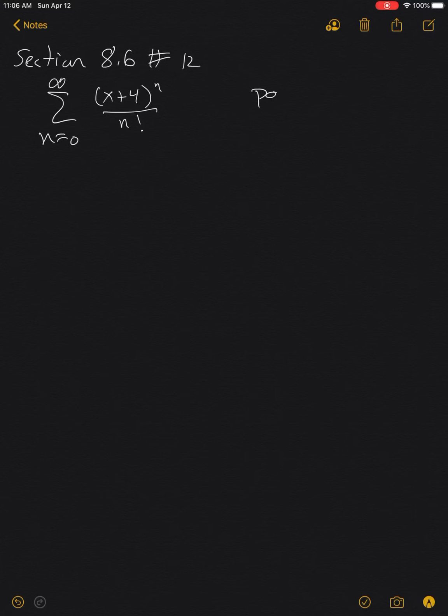So this is a power series centered at c equal -4. So we don't see powers of x in our expression, but instead we see powers of x minus -4, or x plus 4. And so our series looks like, when n equals 0, 1 is our constant term, and when n equals 1, we see x plus 4.